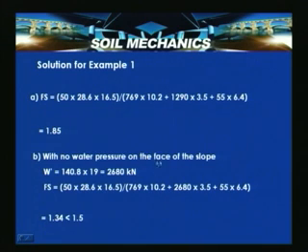Now, with no water pressure on the face of the slope, that means assume there is no water on the face of the slope, the unit weight is no longer submerged and it is only a saturated unit weight equal to 19 kilonewton per meter cube. So, W dash now changes to W1 dash, which works out to be 140.8 into 19, equal to 2680.